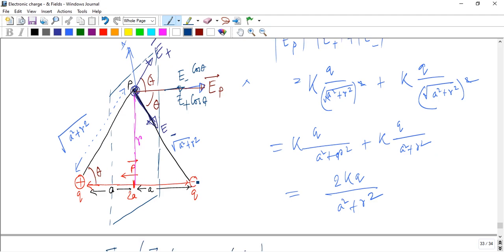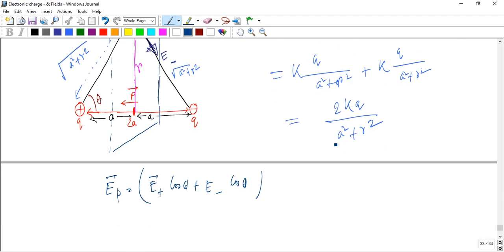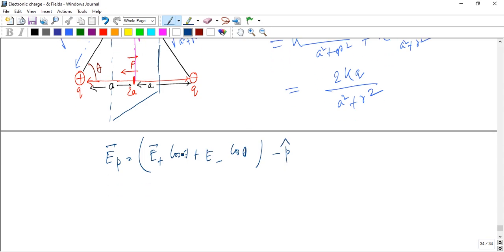So there is a 180-degree difference, both are in opposite directions. That's why we get a minus P cap, which is very important. E plus and E minus have the same value with cos theta common.